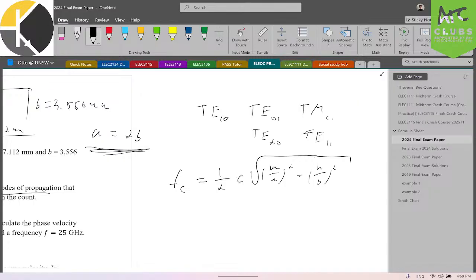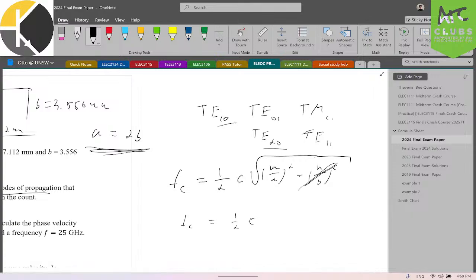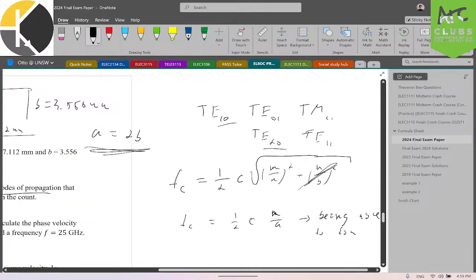If you just have a single dimension, for example TE10 or TE20, then you can just remove this part and it will reduce to FC is equal to 1/2 C times M on A, which corresponds to being able to fit M lambda on 2 transversely into the waveguide, which is basically the cutoff condition for the waveguide.